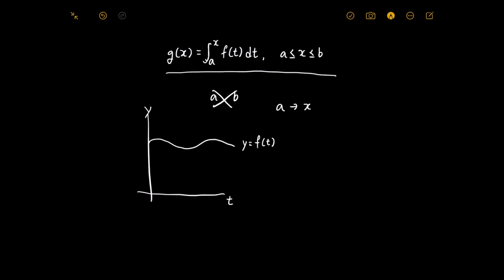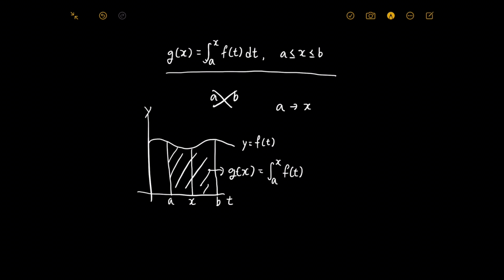Therefore, the area under this curve must be g of x. There's a point x between a and b. So g of x, which represents the area under f of t, has a boundary from a to x, not from a to b.